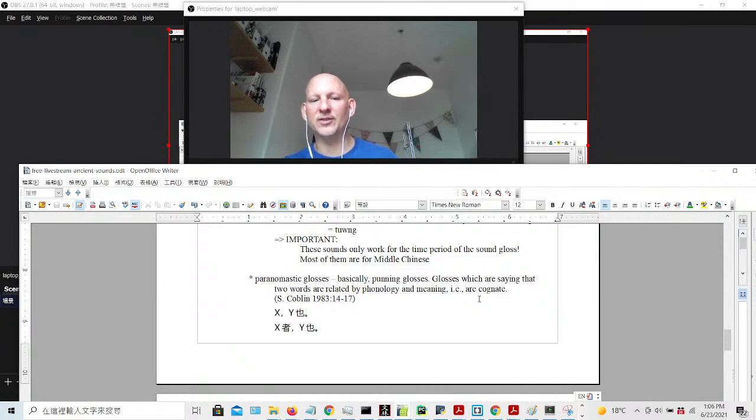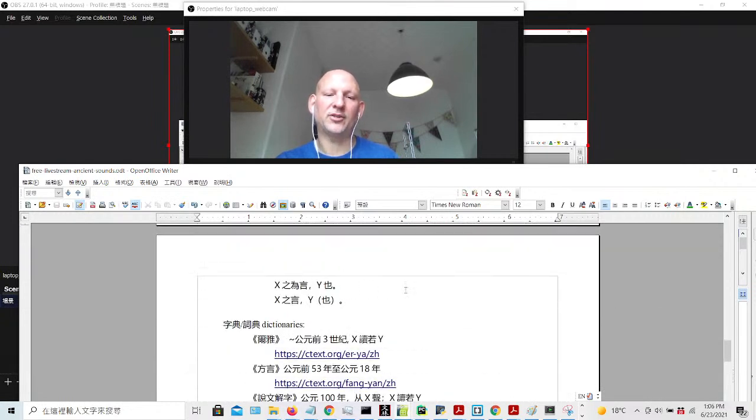And so these also have these formulas. So like X, Y. Anybody who's done any programming in Lisp, that looks like a Lisp command. If you don't know what that means, don't worry about it. It's not important. And then you have Xj, Y, which X, Y just mean X is Y. Xj为言 Y 也, Xj 言 Y 也.